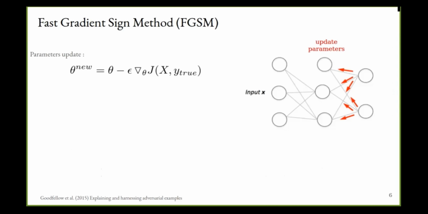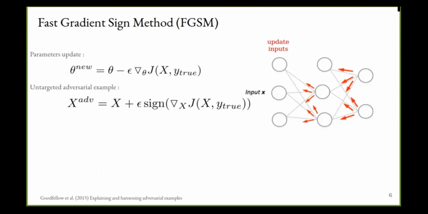What fast gradient sign method does is that it propagates the gradient back to the inputs and then uses the sign of this gradient in order to update the inputs and create an adversarial example that is as far as possible from the true label. So it adds the sign of the gradient multiplied by the perturbation, which is epsilon.